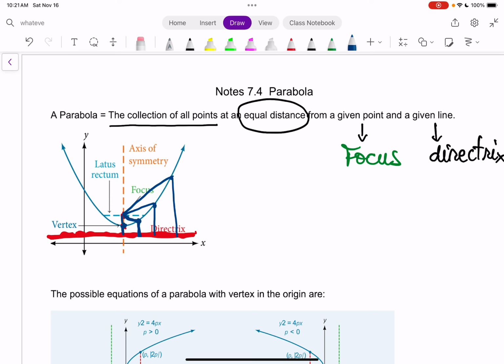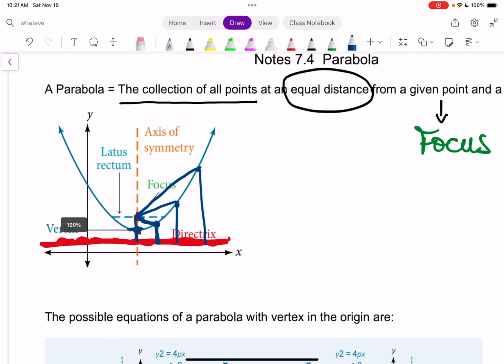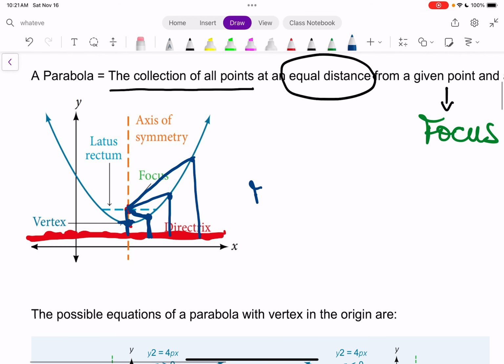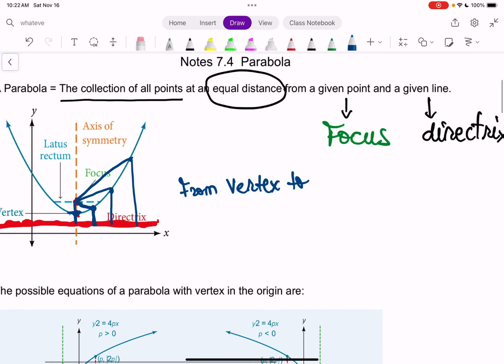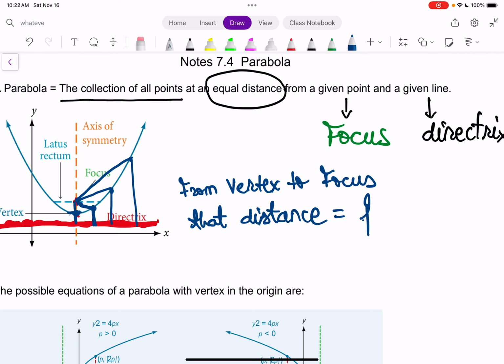Now, if you look at this little distance here in the middle, from the vertex to either the focus or the directrix, that distance is called the focal distance.